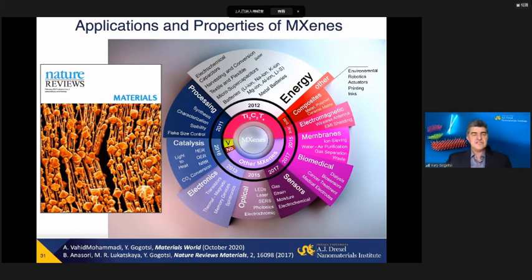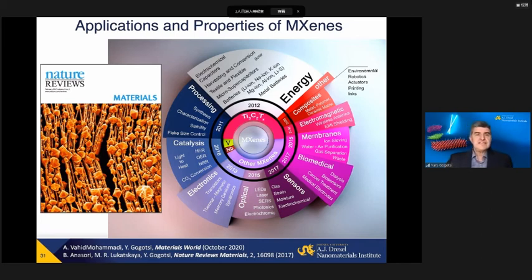For MXenes that are considered to be the least stable, like V2C, for a month at least. And in a film, they can basically be used for a long time. Even in sulfuric acid, you can cycle it for a year and basically take a device which has been stored and recycled.